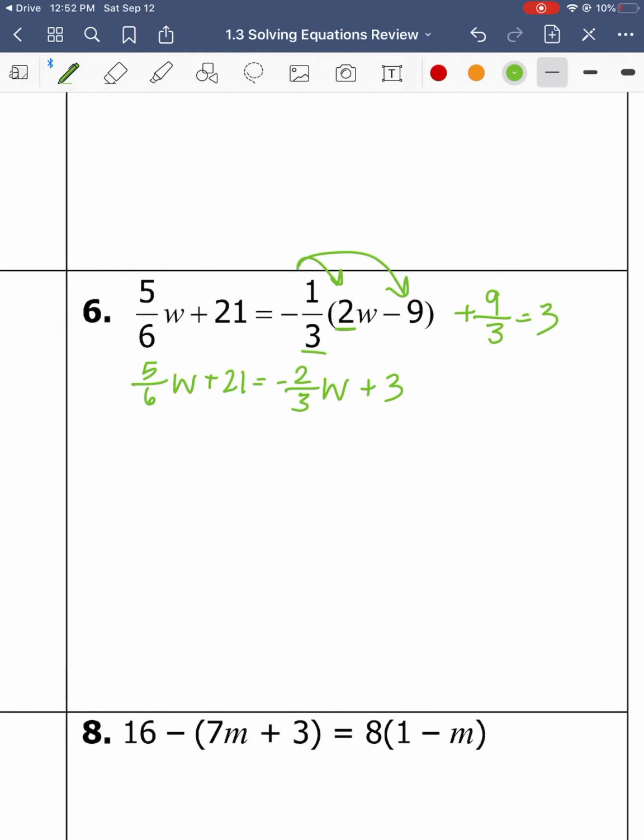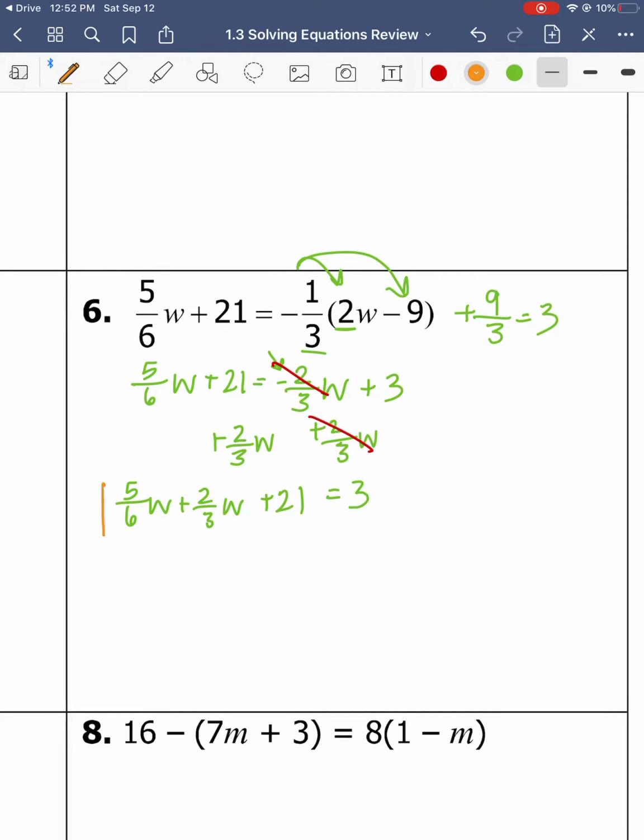Okay, so since this is negative here, we're going to add 2/3 w to each side. Okay, these will add up to 0. Then on this left side, we will have 5 over 6w plus 2 over 3w plus 21 still is equal to 3.